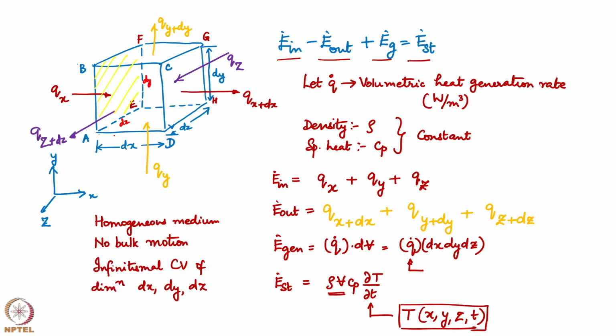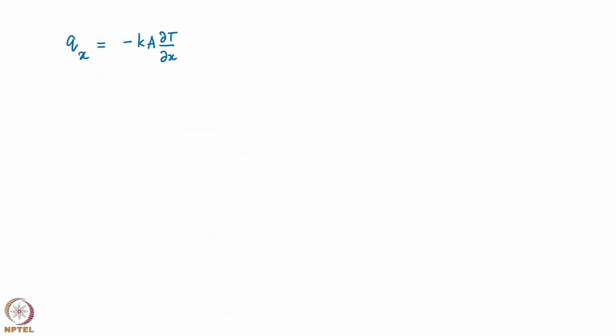Similarly, q y is through area dx dz and q z is through the area ABDC, I mean ABCD, which is nothing but dx dy. So, I will put these areas appropriately. So, q x is nothing but minus k into area normal to the x direction, which is dy dz dT by dx and so on.